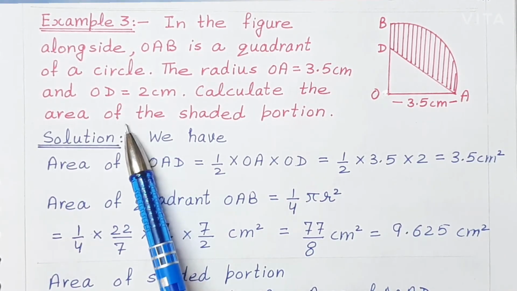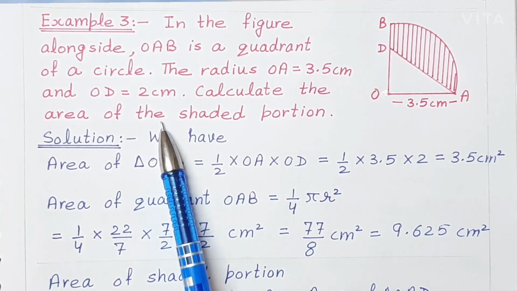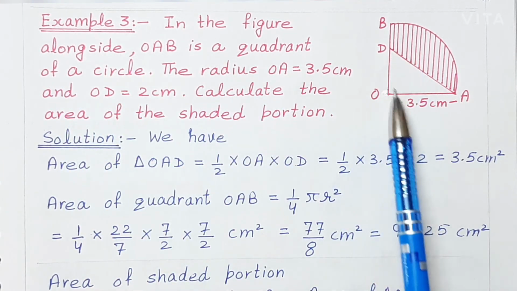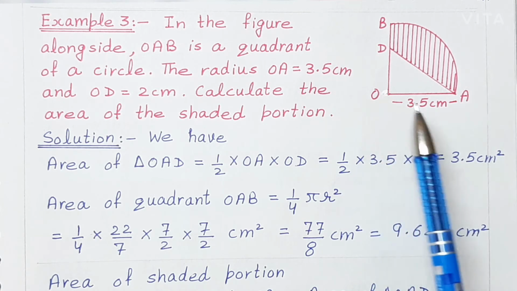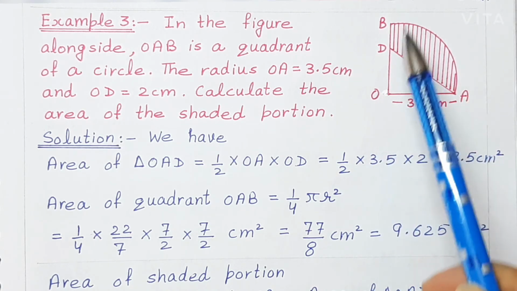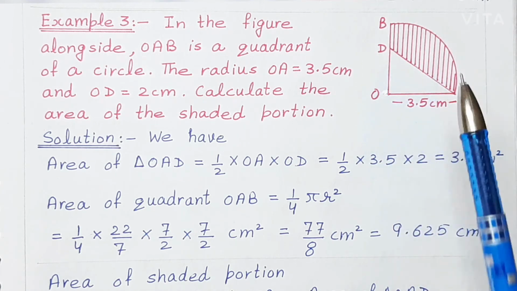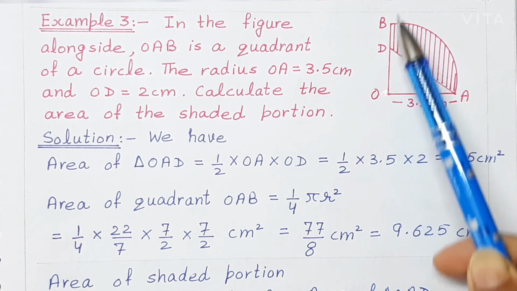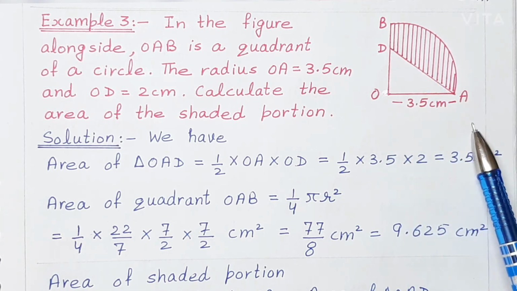Now children, let us discuss another example, that is example number 3. Now you can see in the given figure OAB. This OAB is a quadrant, where OA and OB are the two radius.